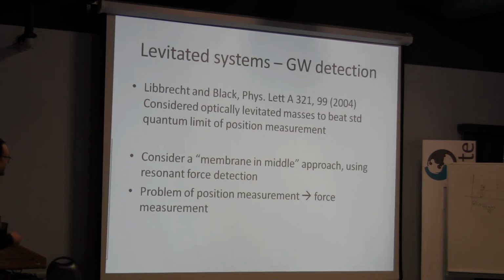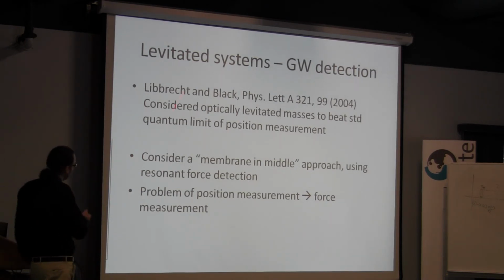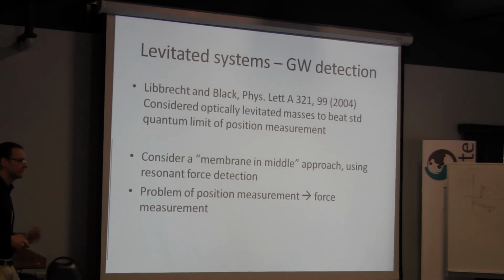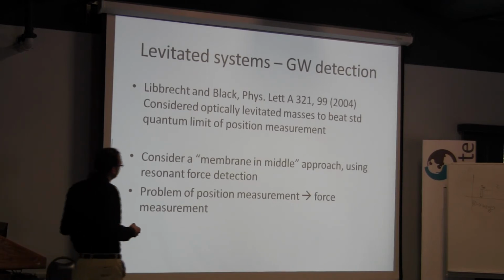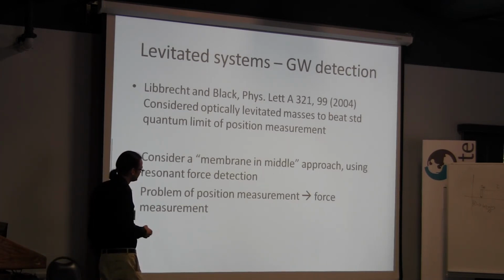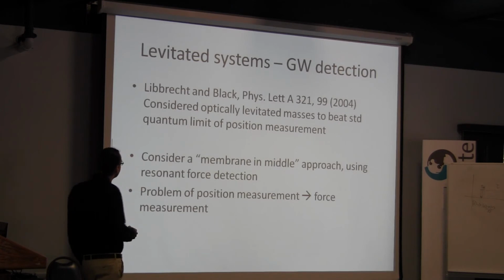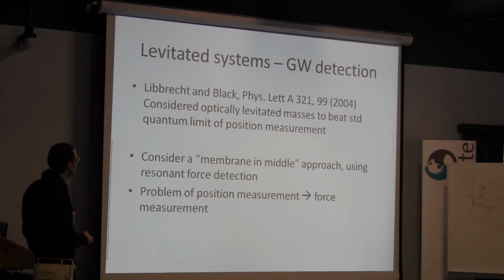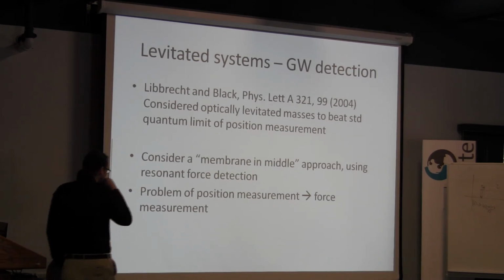The idea I'm going to talk about today is not the same as this, but rather I want to consider a membrane-in-the-middle type approach, where you have some resonant levitated sensor in the cavity, and I'm going to try to do resonant force detection to measure gravitational waves.